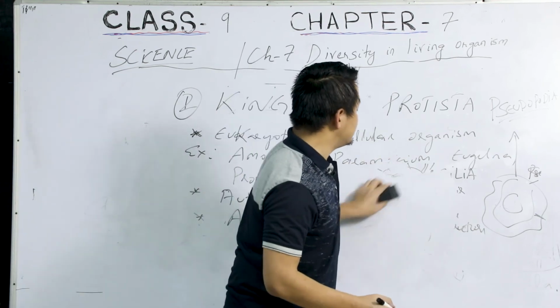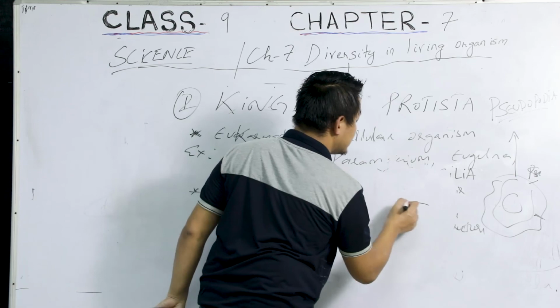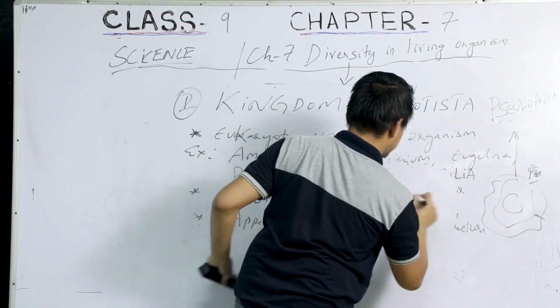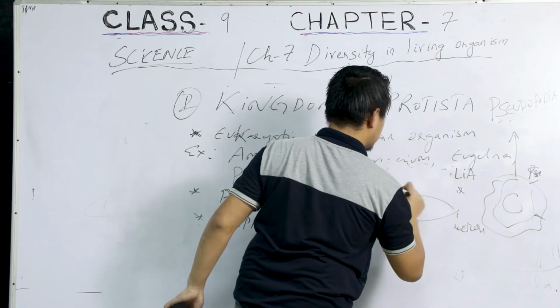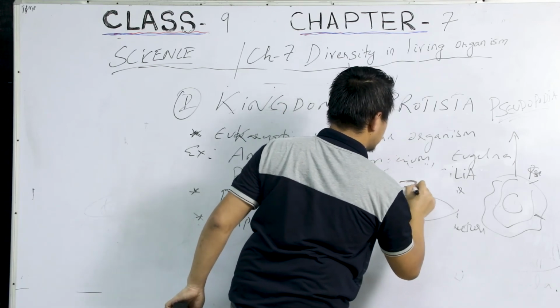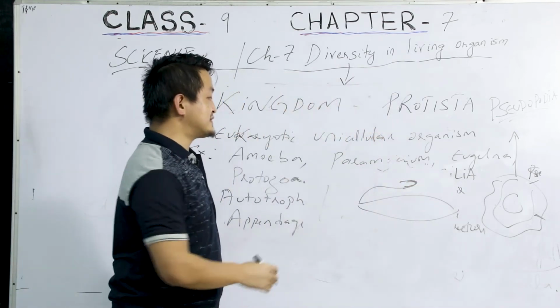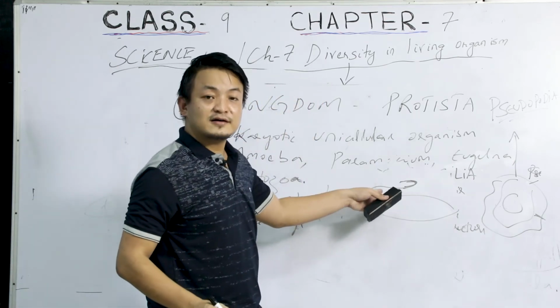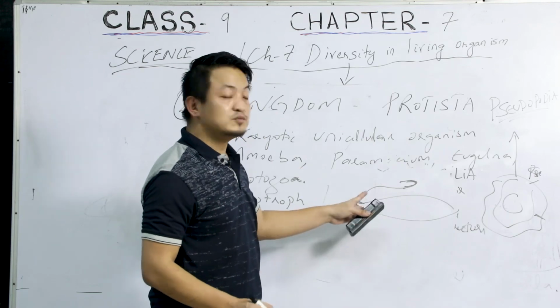Now, euglena. In euglena, you will see this type of tail present, and this is known as flagella. Because of this flagella, they are able to move.